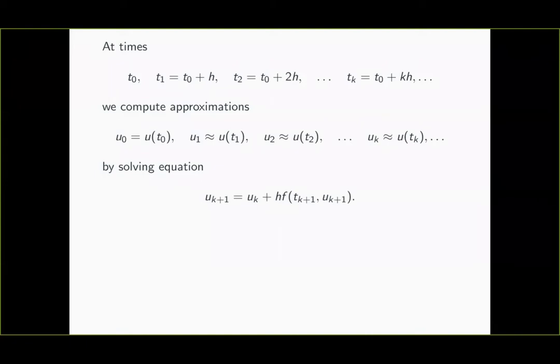Let me emphasize that the unknown variable here is uk plus 1. And we assume that we already know uk from the previous iteration, and of course we already know f, we know h, the step size, and we know the time tk plus 1.